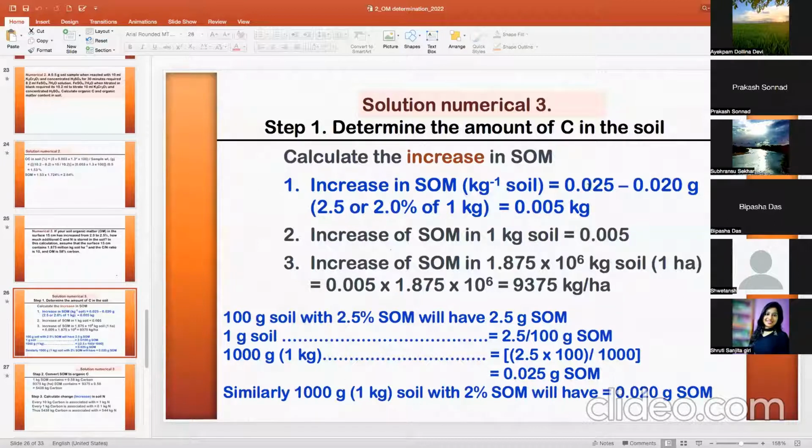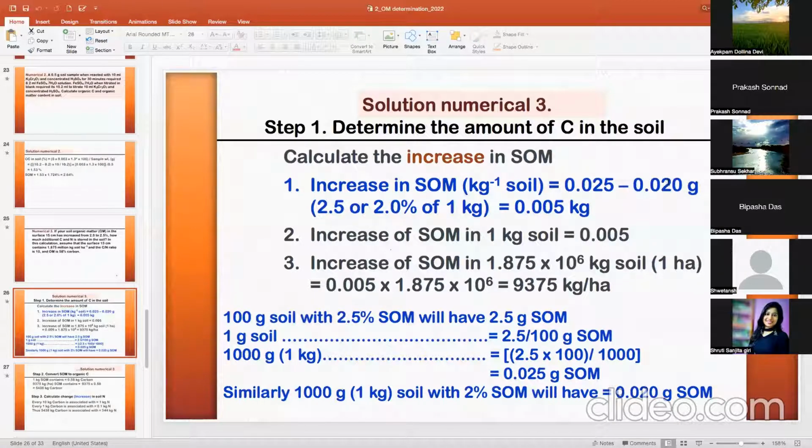Finally it was 2.5% and initially it was 2%. So 2.5% means per kg it was 0.025, and when it was 2%, per kg it was 0.020.